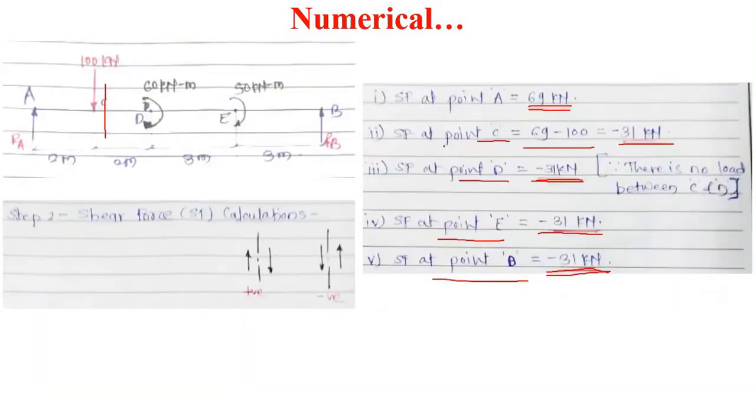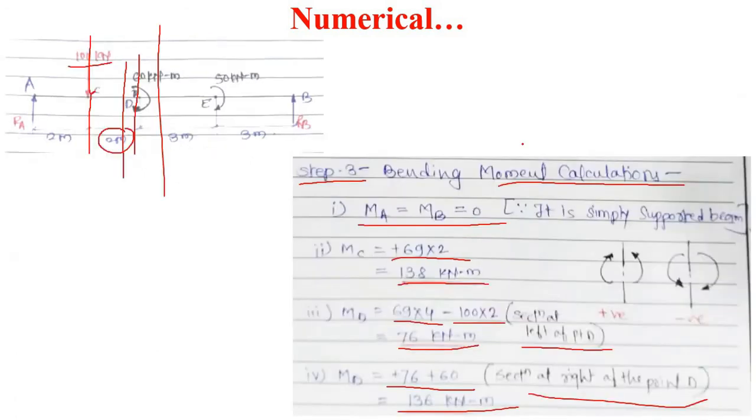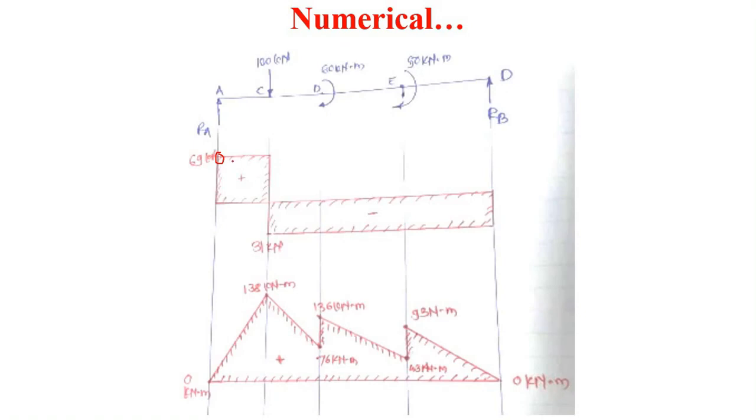From A to B the shear force is constant, and shear force at point C is minus 31 kilonewton. So mark this point, minus 31 here. Then join these two points by a straight line.